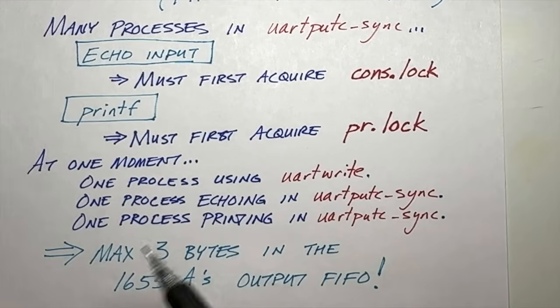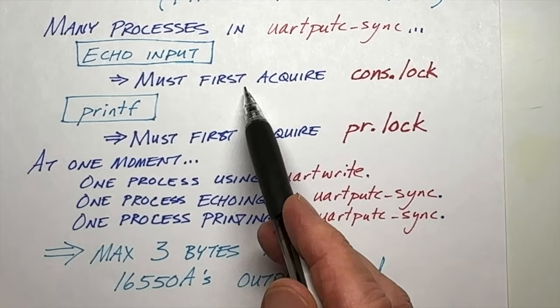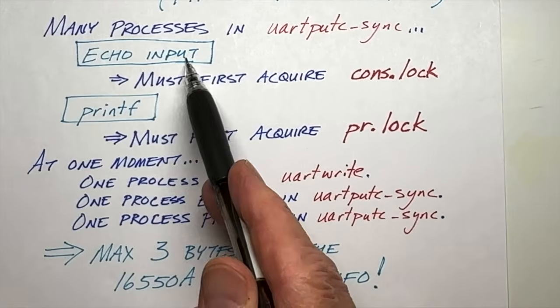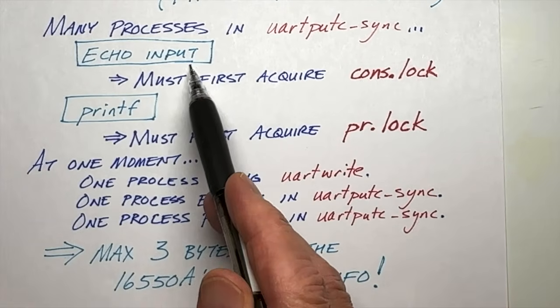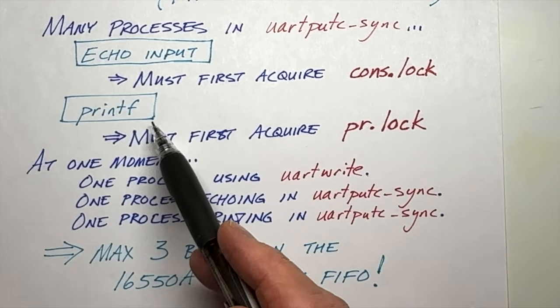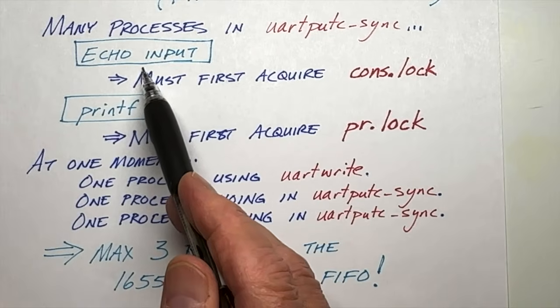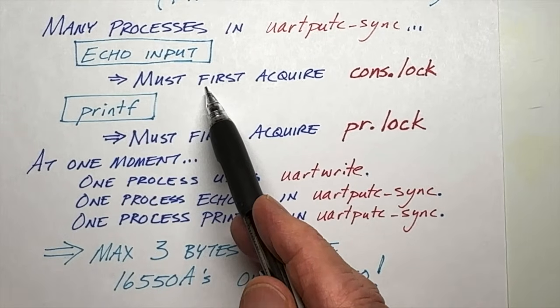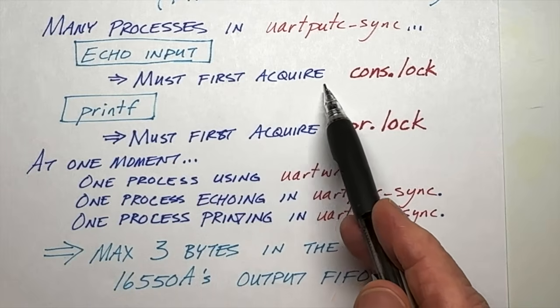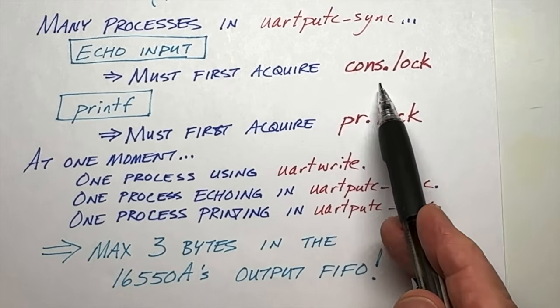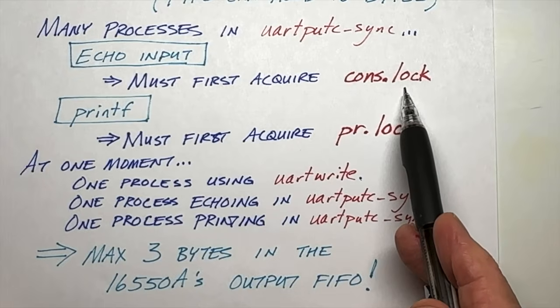No, and here's why. UART putC sync is only called in 2 places, to echo input and for printf. In the case of echoing input, this is done in console interrupt, and at the beginning of that function, we acquire cons lock, and we must be holding it before we can call UART putC sync to do the echo.